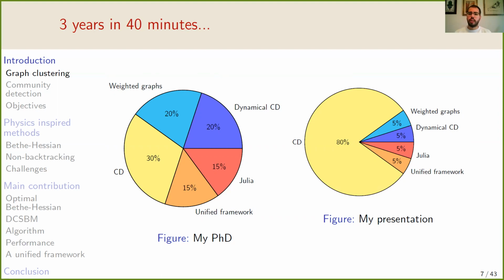Then we worked on the problem of efficiently implementing the proposed algorithms and providing an open source Julia package to do so, which is called CoDeBEFE. Then we studied the problem of dynamical community detection and spectral clustering on weighted graphs as well. But today, I repeat, we will mainly focus on the problem of community detection.